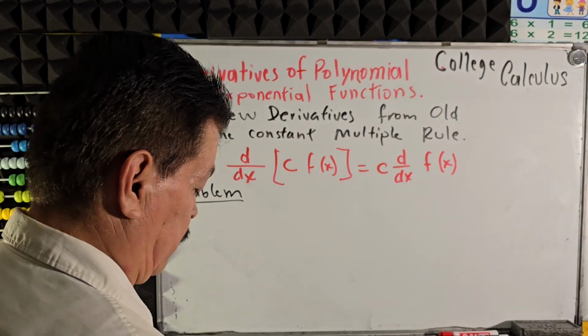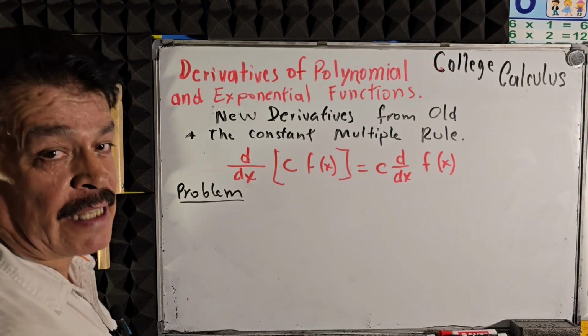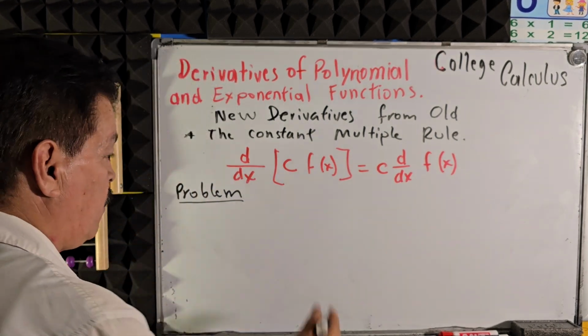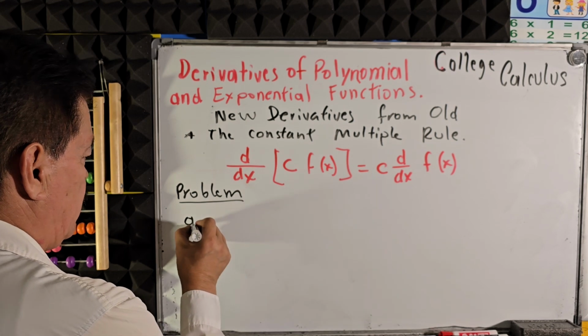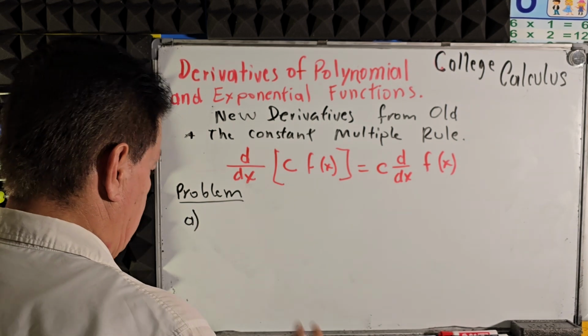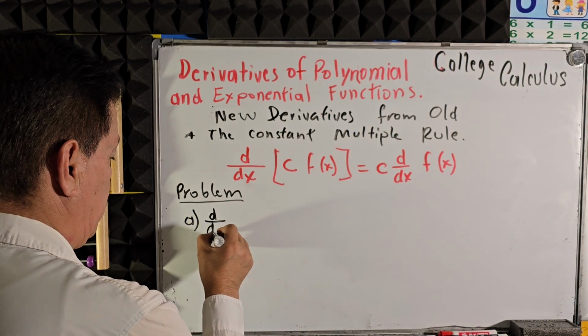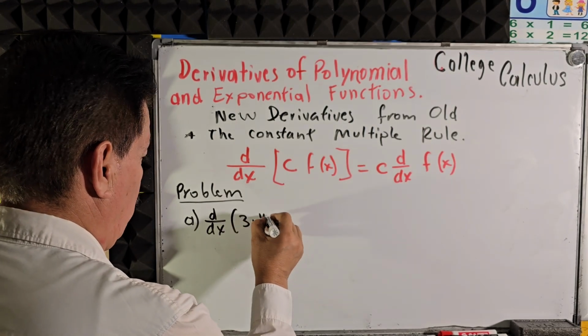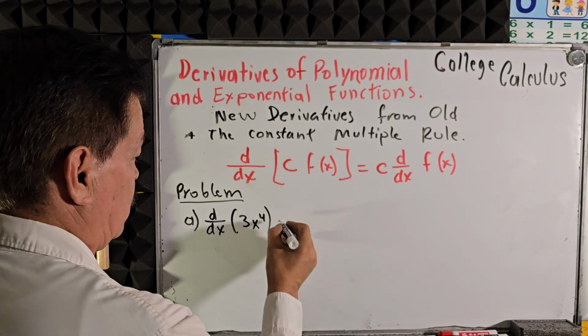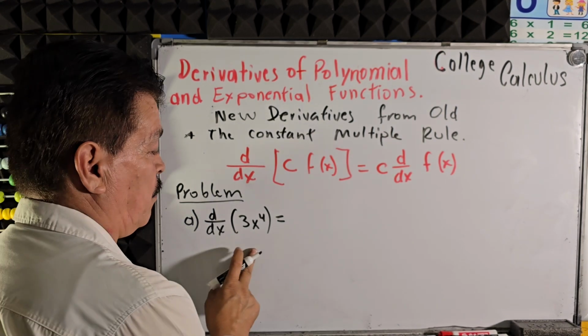Let's try one problem applying this rule. We have two problems. Number one, d divided by dx of 3x to the 4th power. This is our problem.